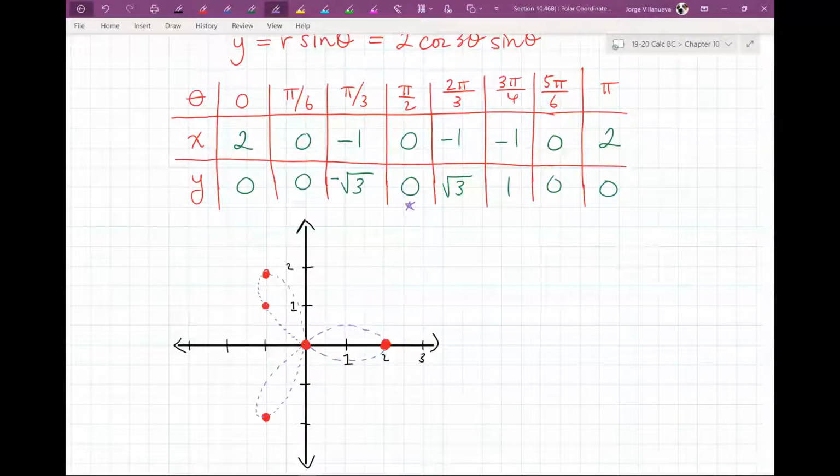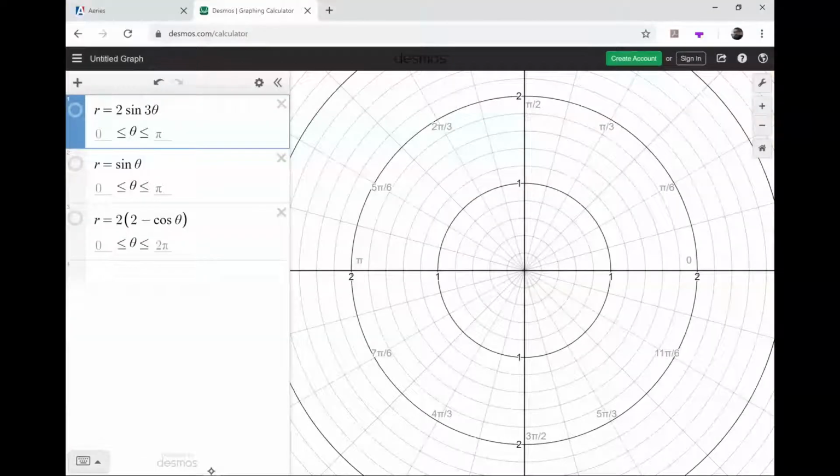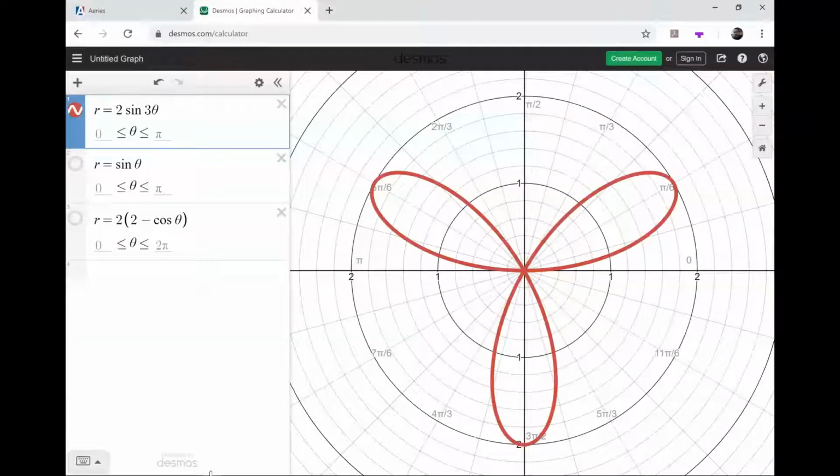Now, I'll show it to you guys on Desmos. And it's this graph right here. Notice it does extend. Hold on, what did I put right here? 2 cosine 3 theta. I think I rotated it, but it's supposed to look like this. I want you guys to notice the maximum value.